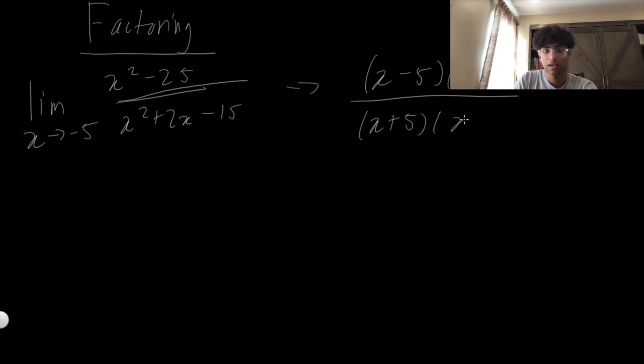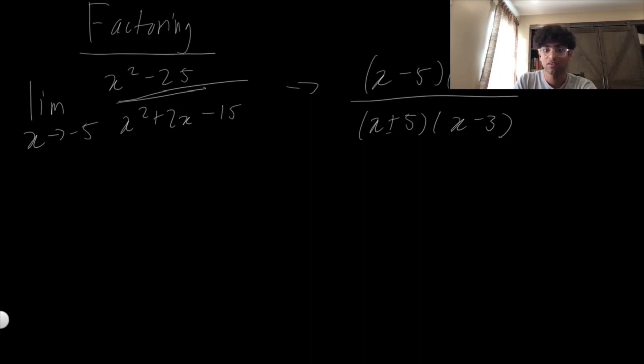All right, so this numerator can simplify into x minus 5 times x plus 5 over, now let's factor out this quadratic. What are the factors? It's going to be x plus 5 times x minus 3. Now, you see how there's an x plus 5 here and an x plus 5 here?